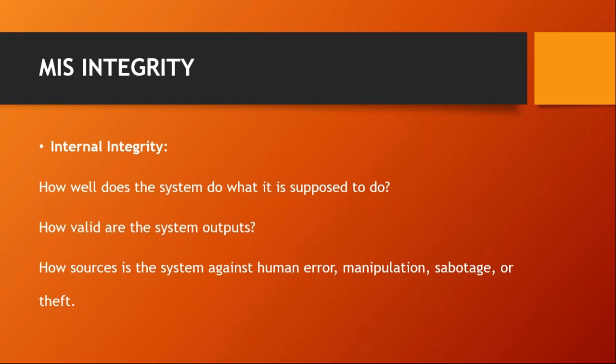The system must be able to do things that humans cannot do. The system must be able to avoid errors that are naturally errors of humans. The system must avoid manipulation and sabotage and the rest of them, because these are the things associated with people.